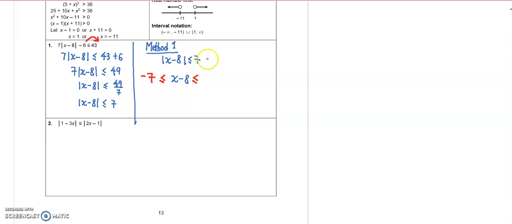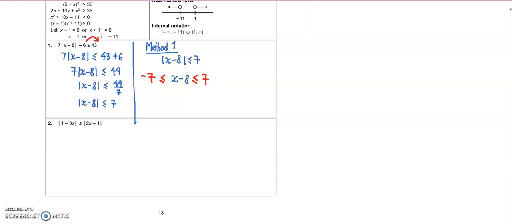This is the formula. You have to remember. If greater than, dia ada lain lah. So this one you have to remember: if less than, in between negative 7 to positive 7. Jika dia kecil daripada 7, maka dia di antara negative 7 hingga positive 7.